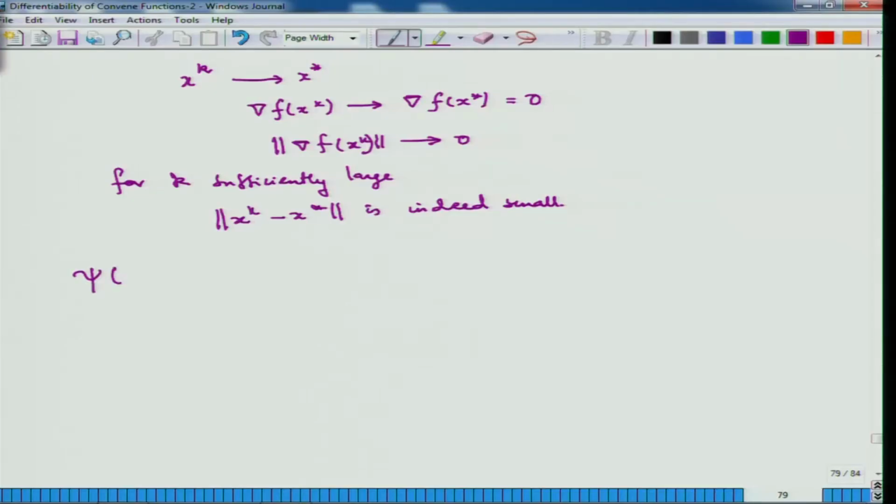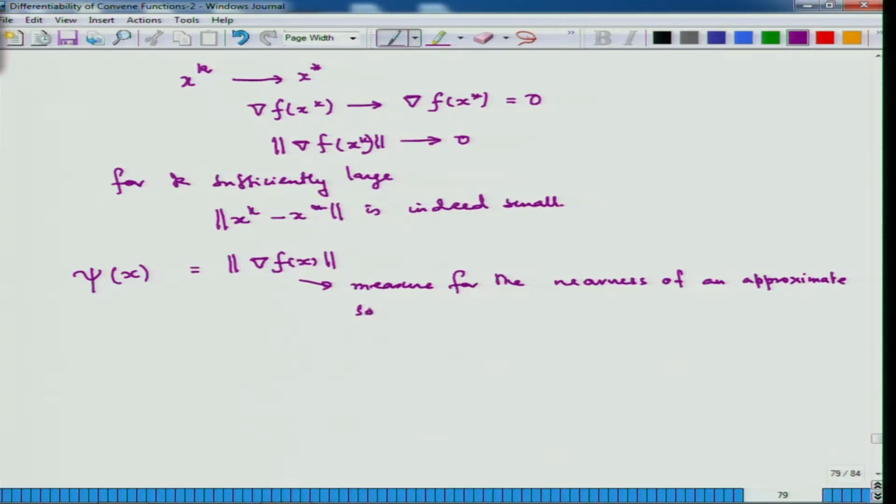So, this norm grad f x, if I write it as a function phi x, is a measure for the nearness of an approximate solution of a strongly convex function from the original unique solution, from the original unique minimizer. Unique, of course.